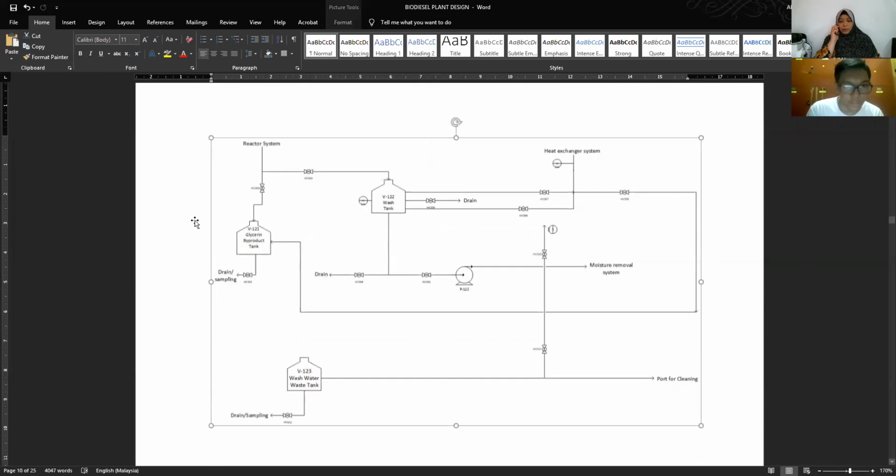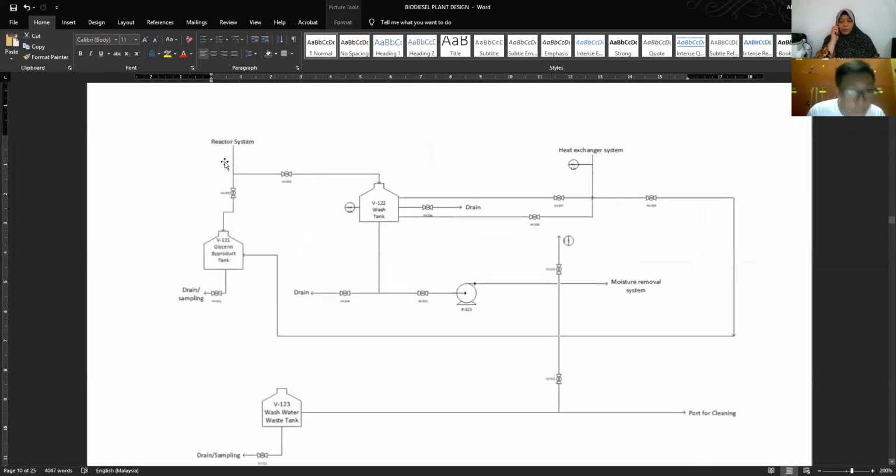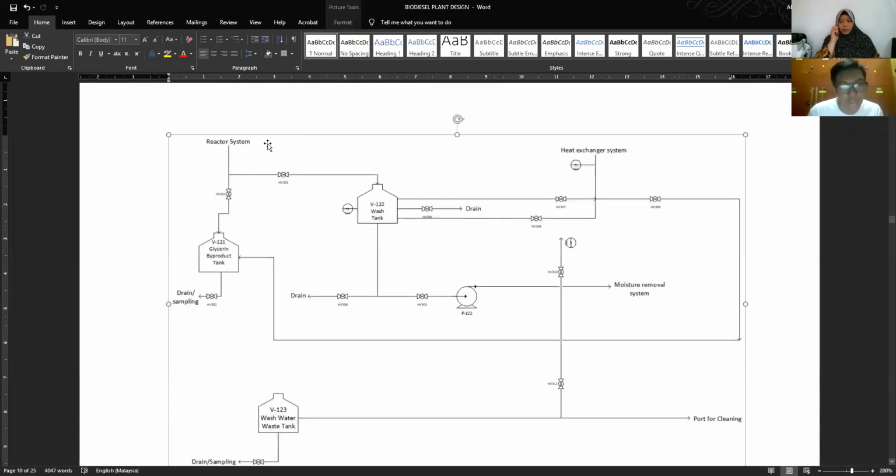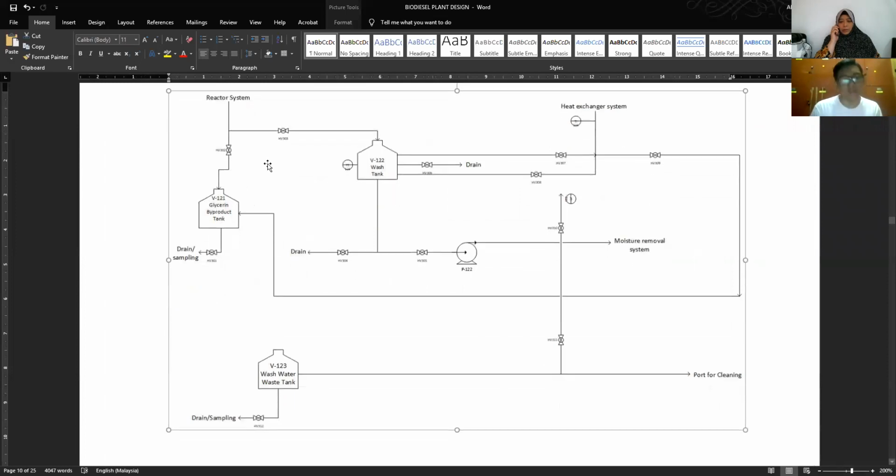From the reactor system, we'll go to the HV302 and 303. It will be separated into two channels, one will go to V121 glycerin byproduct tank. For this one, we go to the drain through HV301 to the drain and sampling, and the other one will go to the wash tank.